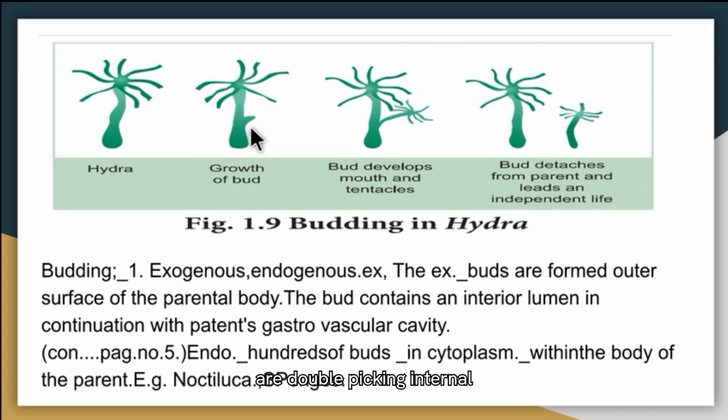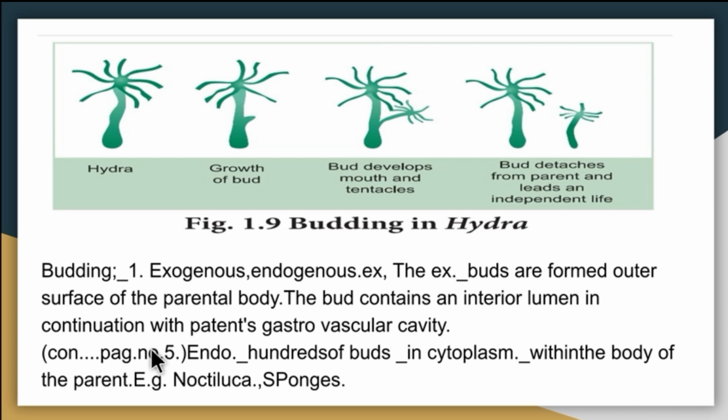The buds are developing in internal continuation with the parent's gastrovascular cavity. That means the young one develops interiorly. In your page number, the remaining lines are given.